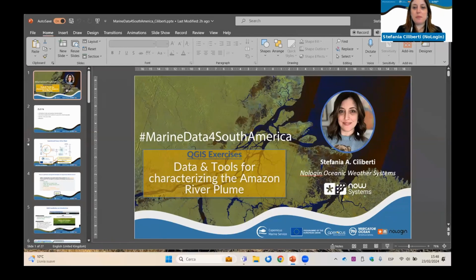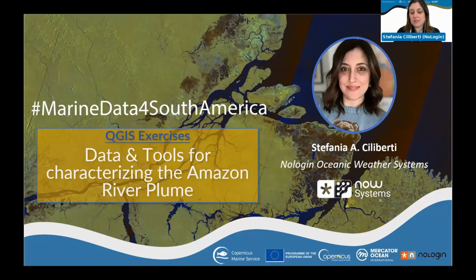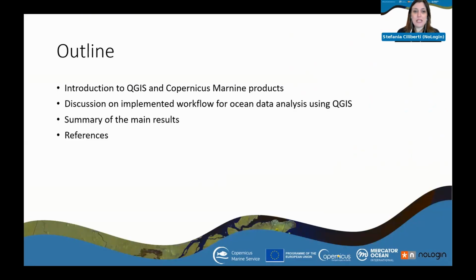So I'll give you a sort of storytelling of the main steps that have been followed for the proposed exercise that you have seen in the video already loaded in the South America event training session in the Copernicus Marine Service. And as done by Alvaro, I'll focus on the Amazon River plume. So I'll give you briefly an introduction to QGIS and how to use the Copernicus Marine products.